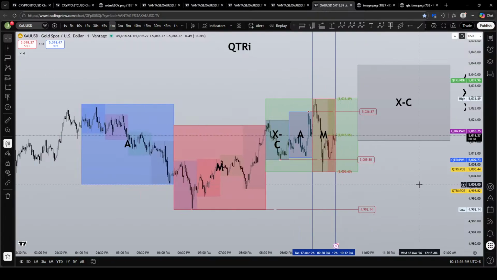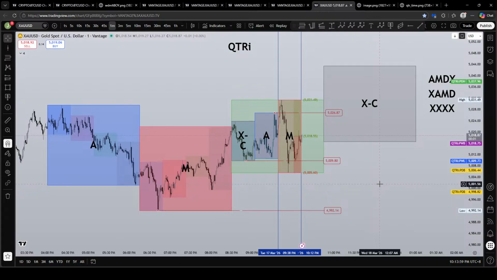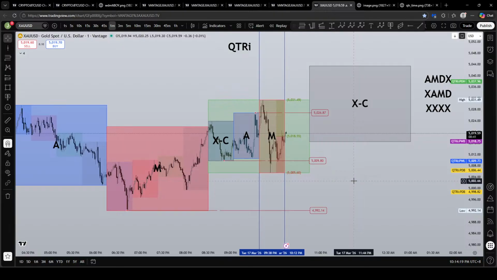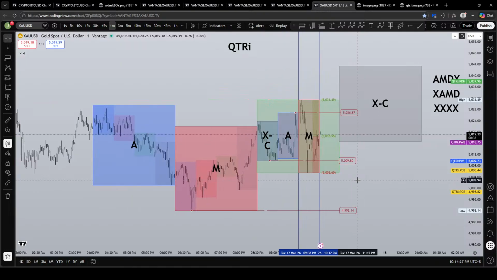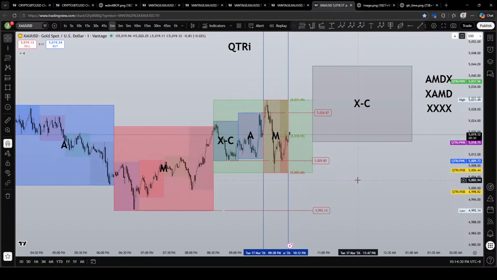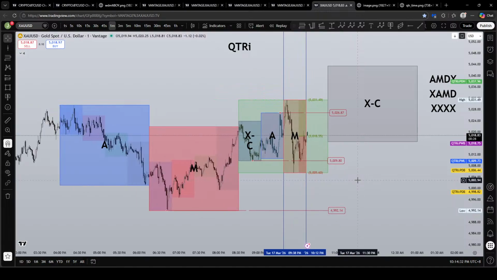And of course, you may use my QTR trading system as an independent trading system, or a standalone trading system. But of course, if you have other confluence like Elliott Wave Theory or other structure-based strategy, then it will give you more confidence in your analysis.